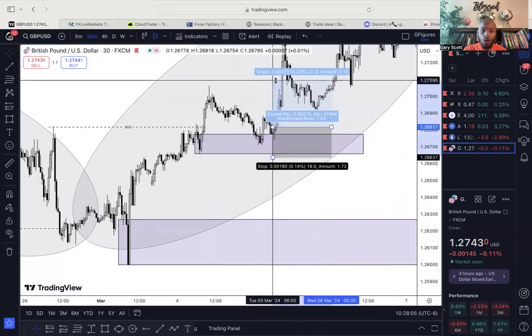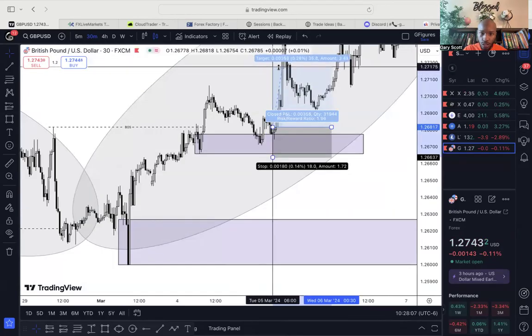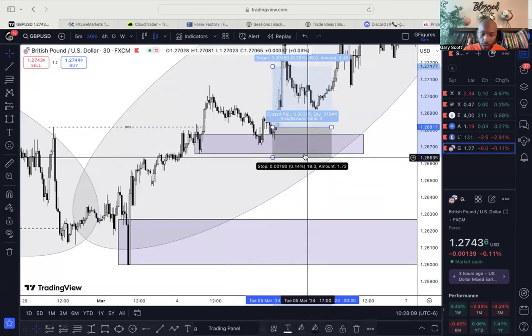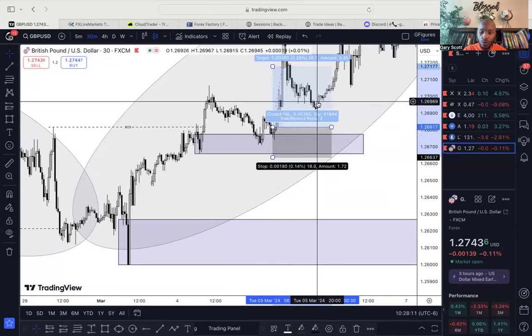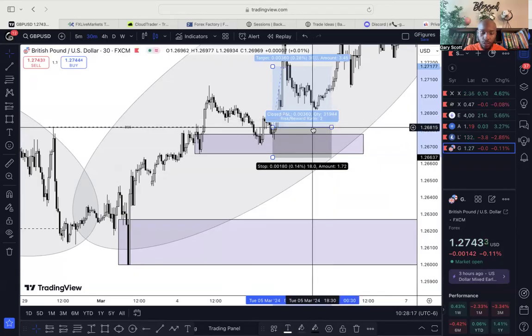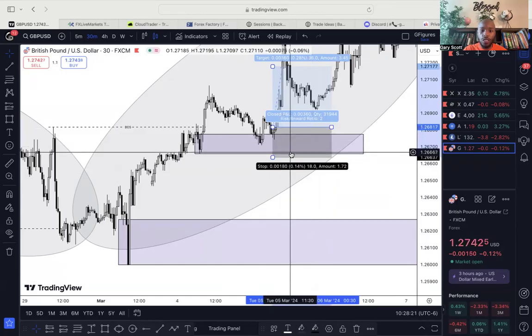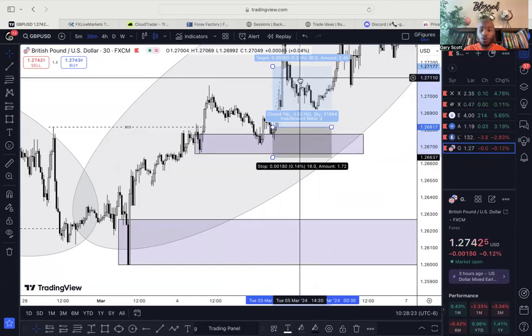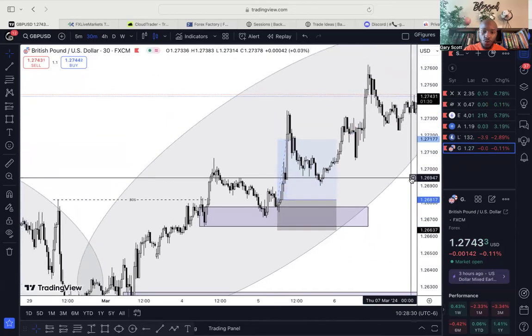If you want to go for a 1-to-2, 18 times 2 is what? 36. So you have to multiply: whatever your SL is, if you want to go for a 1-to-2, you multiply your SL by two, and that gives you your 1-to-2 risk to reward ratio.